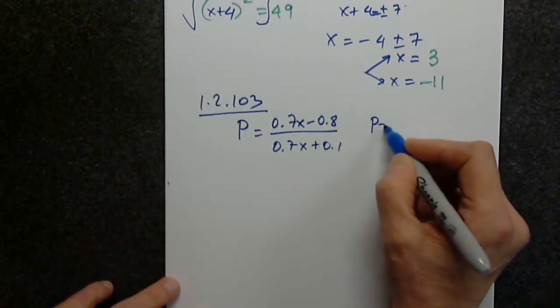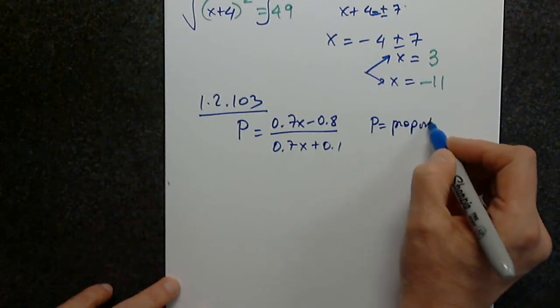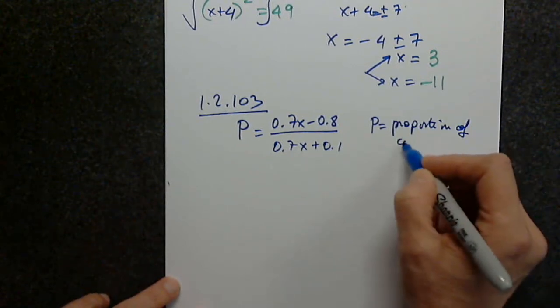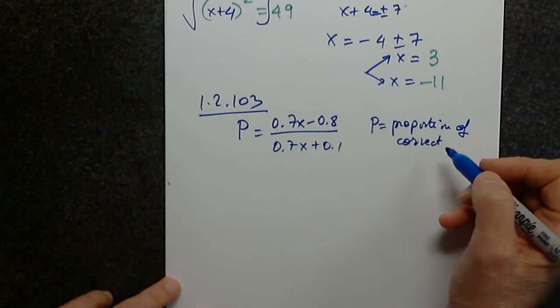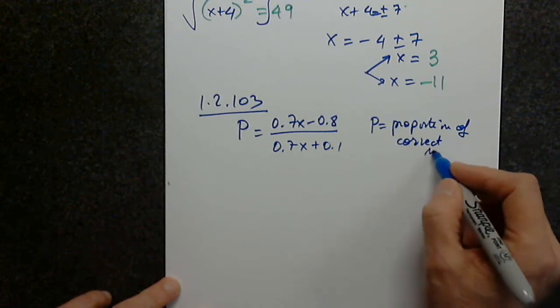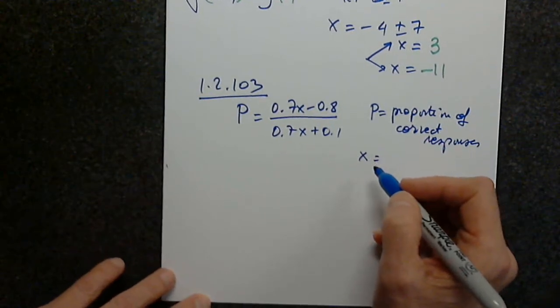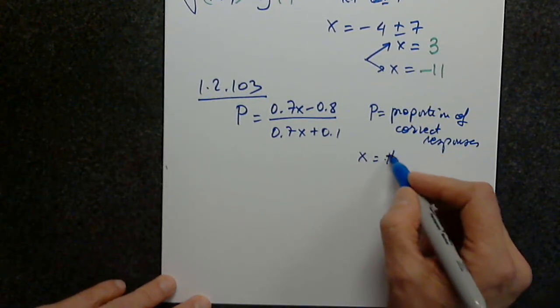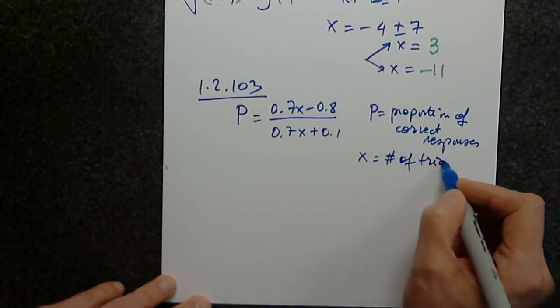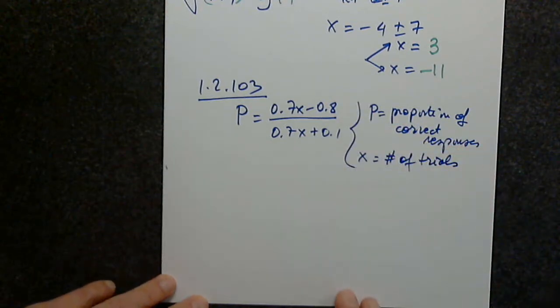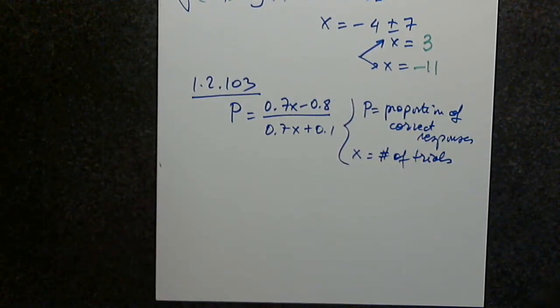I will write P, proportion of correct responses. I write X, number of trials. So this is absolutely important, because then I will not know what is asking me, what I'm doing, and so on and so forth. These are my first notes.